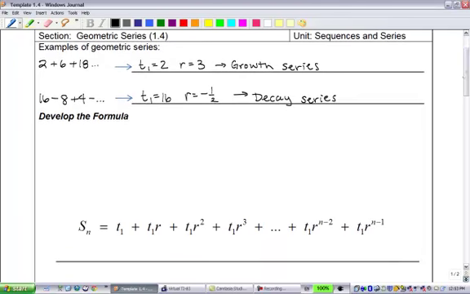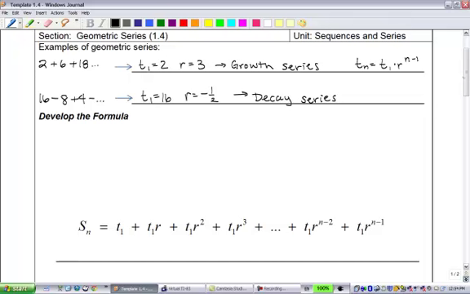Again, specific terms are found by using that standard T sub n formula. So specific terms, T sub n is T1 times R to the n minus 1. That hasn't changed for specific terms. But if we're talking about a series, it's interesting to talk about what these things add up to. So let's start with a few terms here.